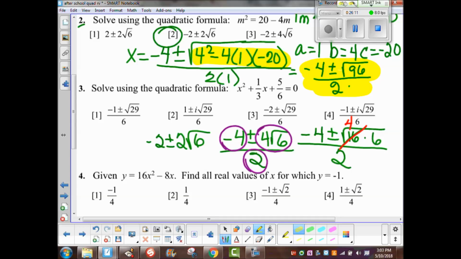In your calculator, type in negative 4 plus the square root of 96 divided by 2. Get some crazy decimal. Then type in negative 4 minus the square root of 96 divided by 2. Get another crazy decimal. And then do the same thing with the choices till your crazy decimals match the choice. And that's the one that you pick.